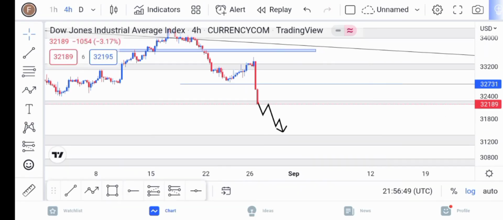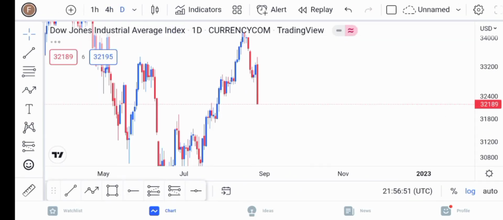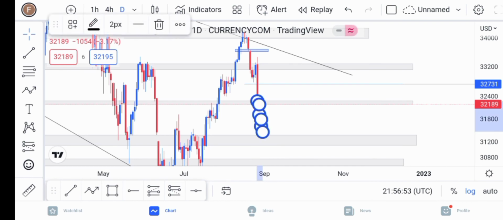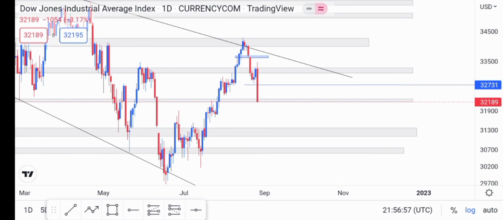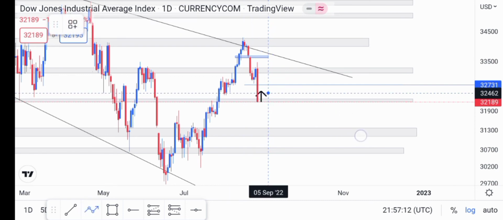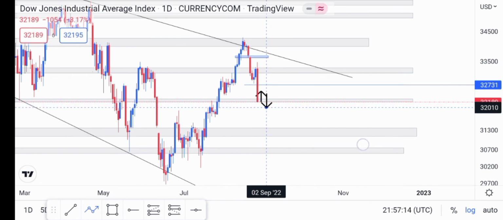Because if we move to the daily time frame, let me remove this one, I'm anticipating a move in which we could have a little bit of a bullish or blue candlestick happening like this, right over here, a little bit before we have another candle pushing to the downside.